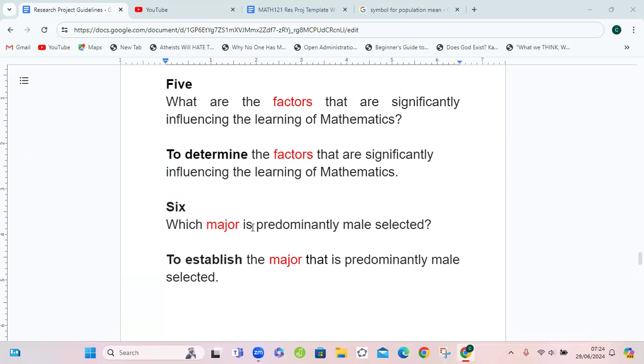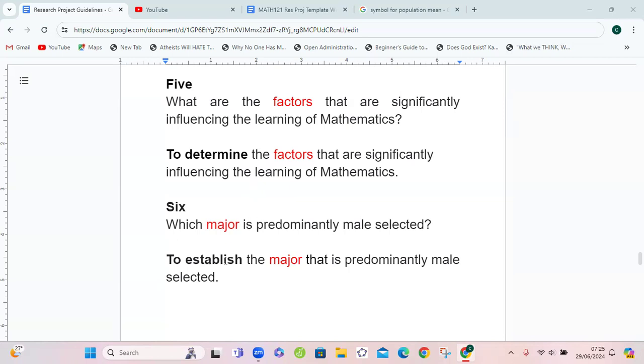That would be an appropriate objective for that research question. And research question number 6, which major is predominantly male selected? Major is a qualitative variable, basically words, so it doesn't really require a hypothesis or null and alternative. It's just asking for a major. It doesn't ask for a figure or a relationship, etc. So this research question doesn't require rigorous data analysis, no calculation of statistics.